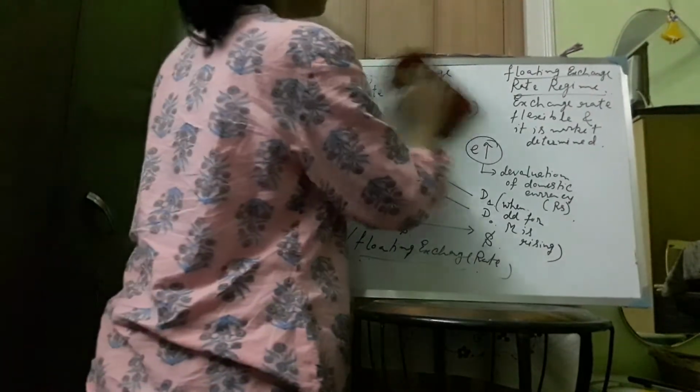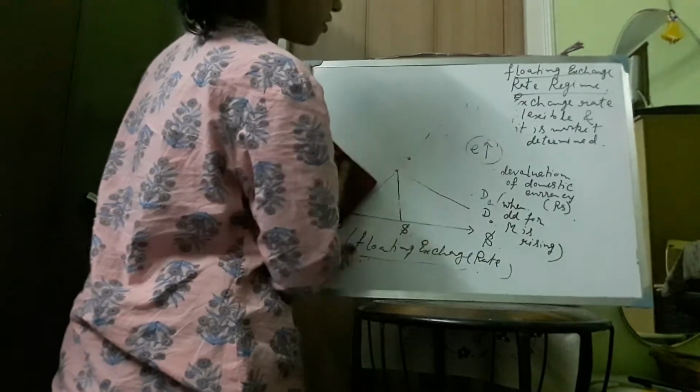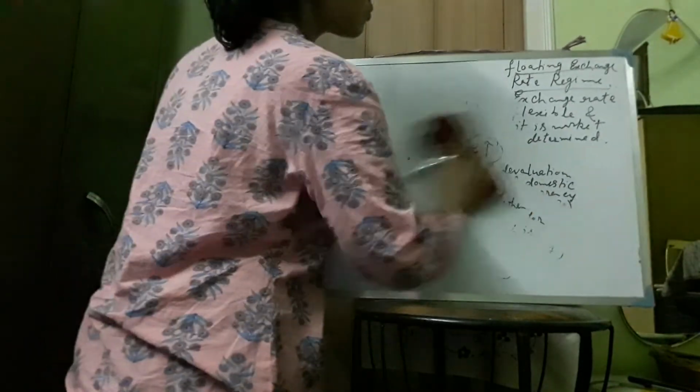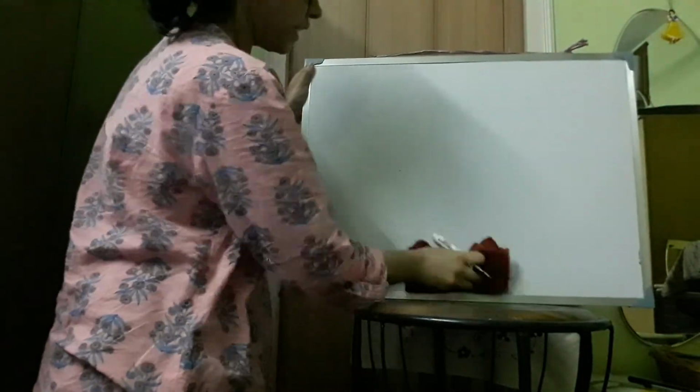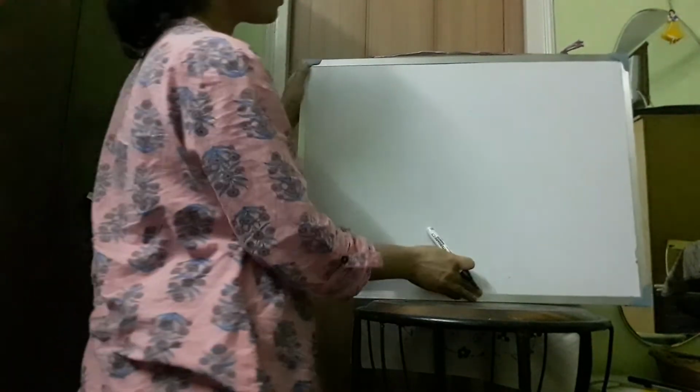Now consider the fixed exchange rate regime. Under the fixed exchange rate regime, as we discussed, the exchange rate is not determined by the forces of market, by the forces of demand and supply.